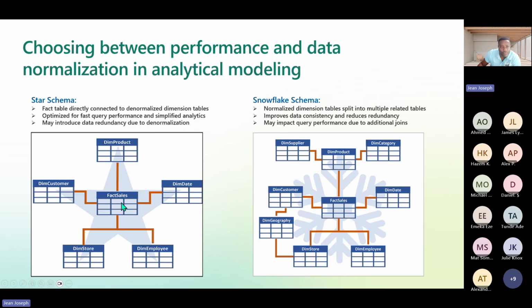Because the fact table has a direct relationship with each dimension, that allows you to boost your query performance, right? The downside of the star schema is that duplication may occur, because under one or more dimensions, the same subset of data may exist.